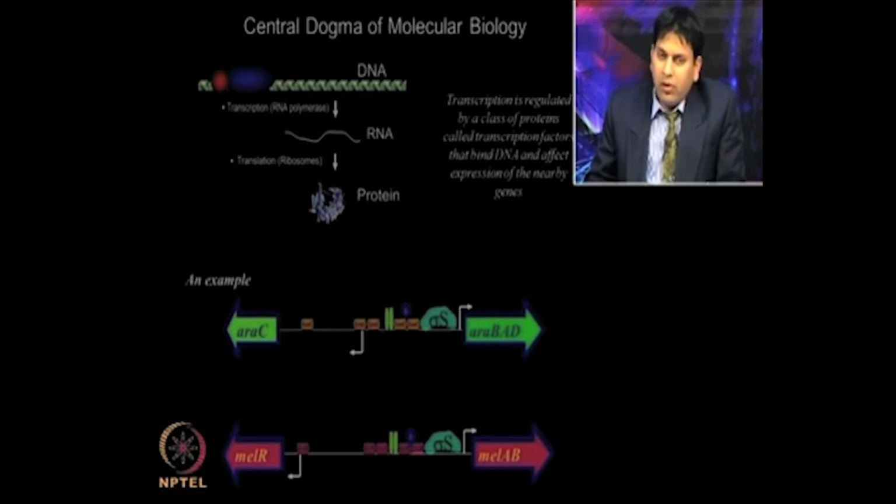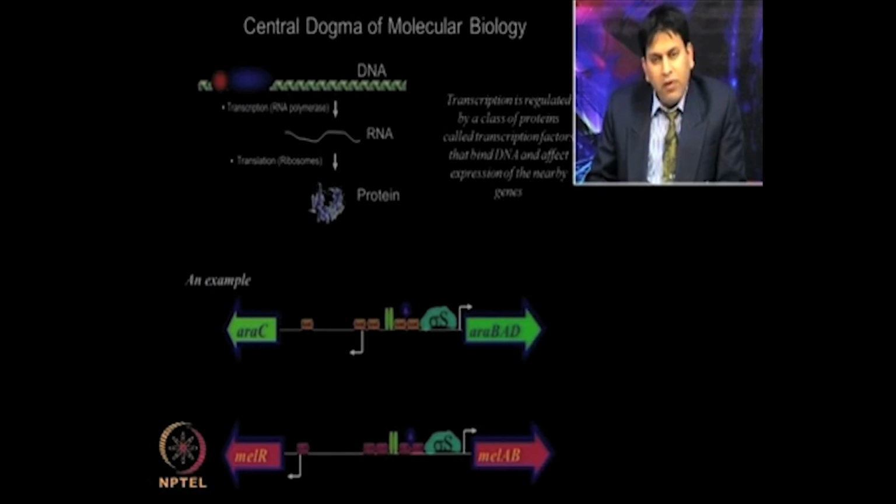Now, as an example, let's see the case of the AraC transcription factor in a bacterial genome such as E. coli. This particular transcription factor binds to the upstream regions of the araBAD operon, which encodes the enzyme and the transporter responsible for the uptake of arabinose from the environment.